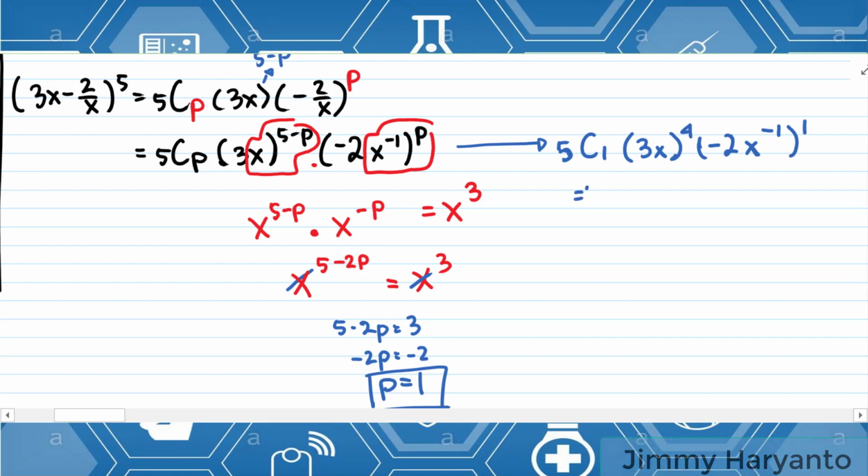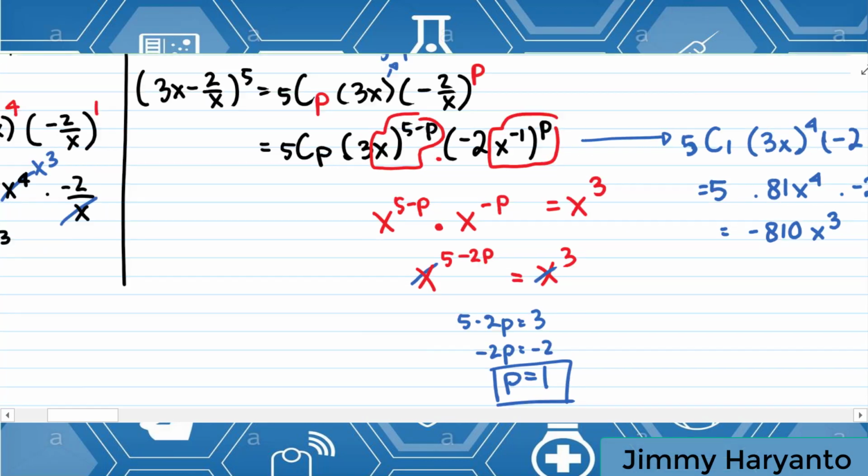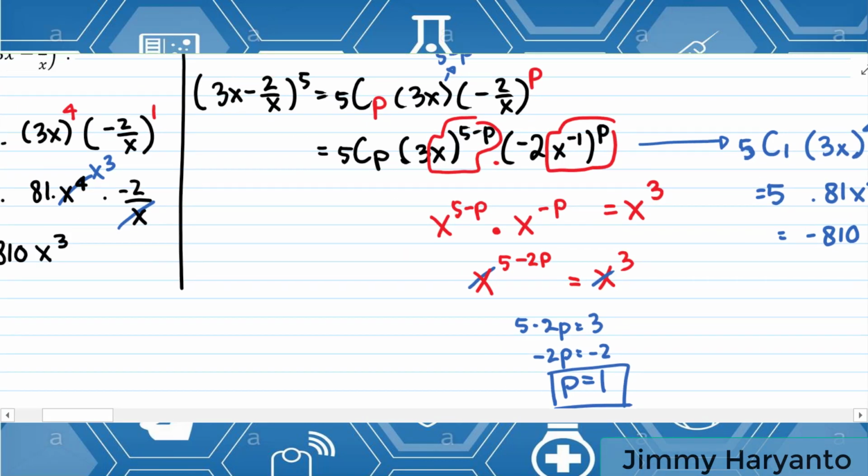Okay, so this one equals 5, this one equals 81x^4, and the last one will be negative 2x to the power of negative 1. If we multiply them all together, it will become negative 810 x to the power of 4 times x to the power of negative 1. It will be x cubed. There you go, the same answer, different method.